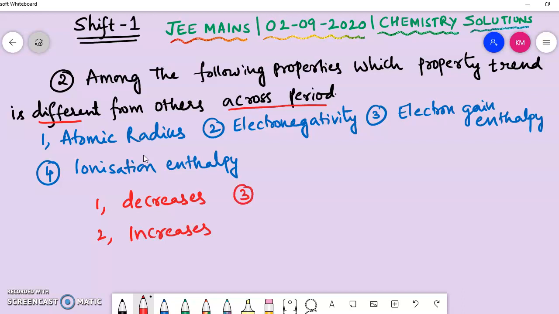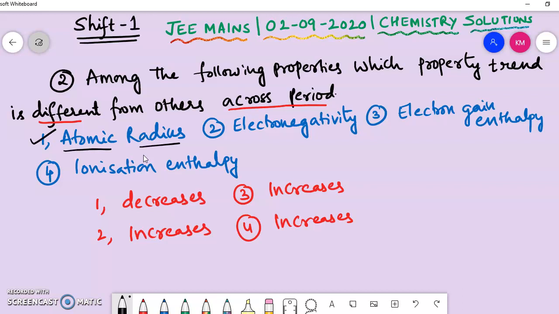Third one, electron gain enthalpy across the period increases. Fourth one, ionization enthalpy across the period increases. So which is different from the others, guys? Obviously atomic radius. So option 1 is the correct answer for this, guys.